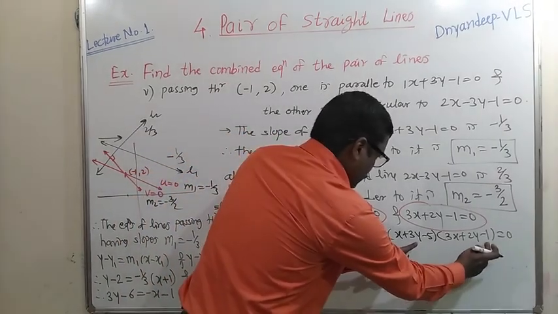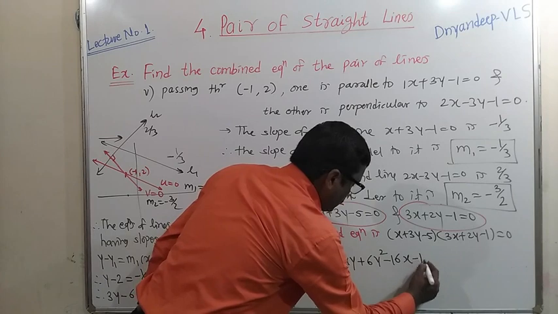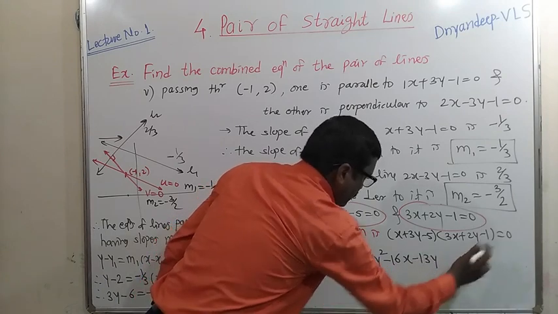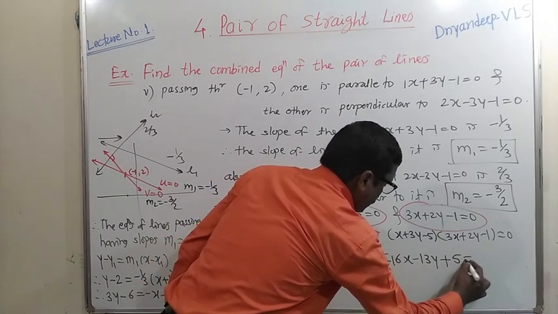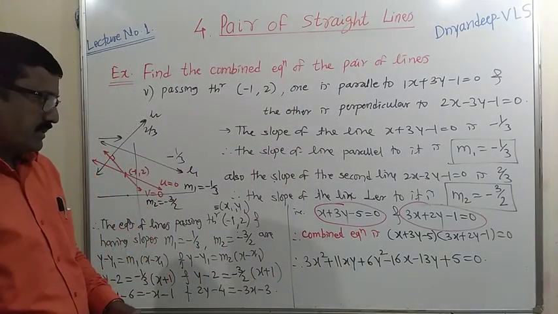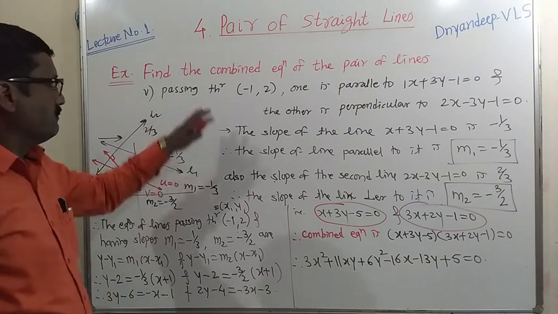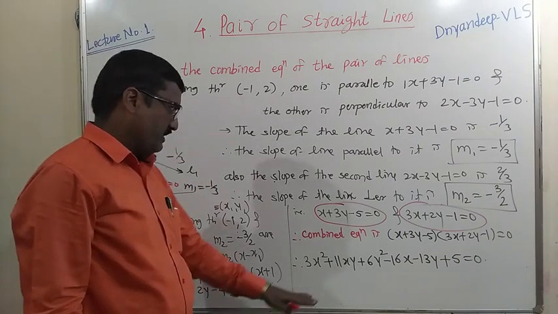Then minus 3y and minus 10y, that is minus 13y. And last is plus 5 equal to 0. So that is the combined equation of the required two lines.